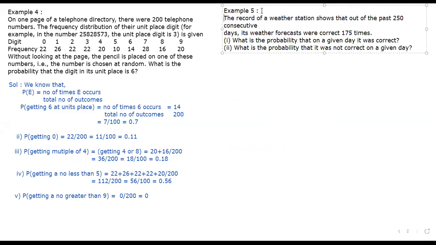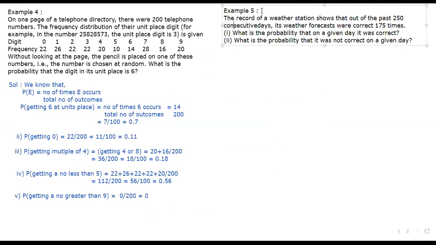The record of a weather station shows that out of past 250 consecutive days, its weather forecast was correct 175 times. How many times was the forecast correct? 175.